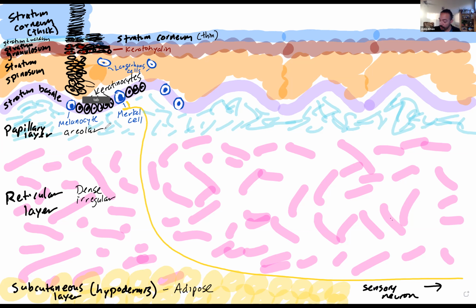And then the entirety of the epidermis is keratinized, stratified, squamous epithelium.